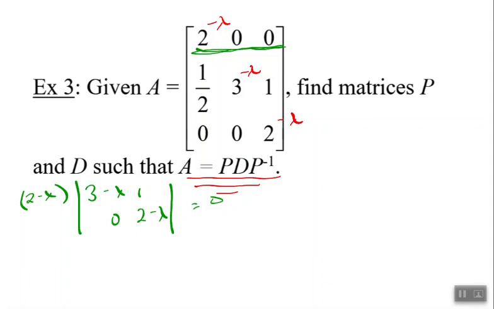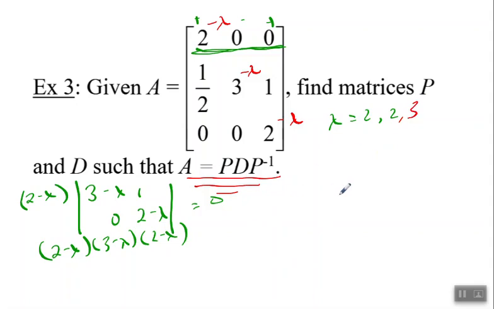Oh, and I want to make sure that is a positive. And then those are still going to be zeros. I'm going to factor out zeros for the rest. So we have 2 minus lambda, 3 minus lambda, and 2 minus lambda. So obviously our eigenvalues are going to be 2, 2, and 3.